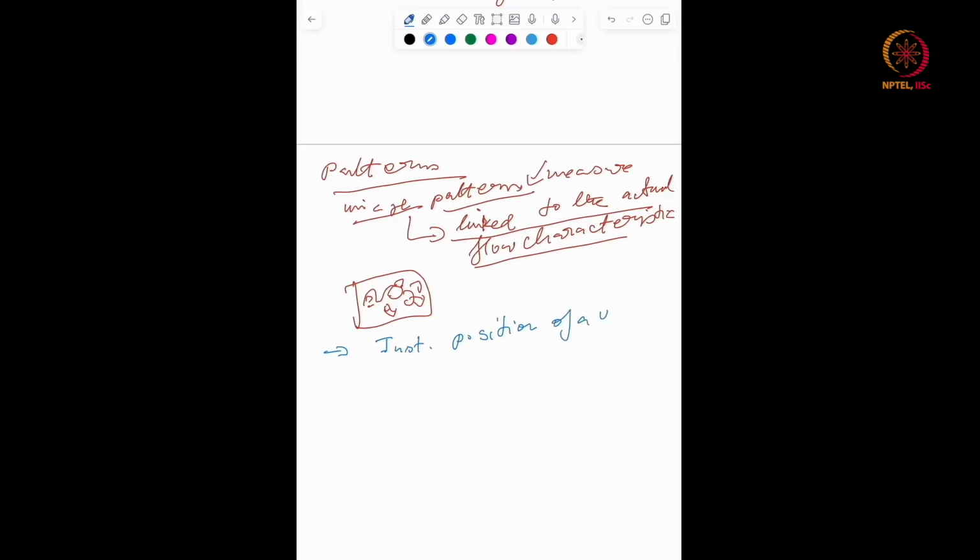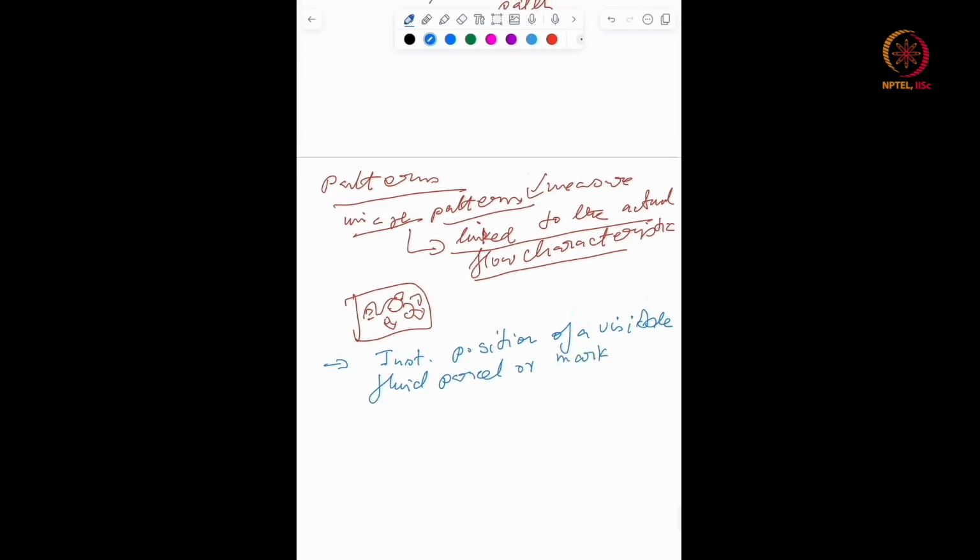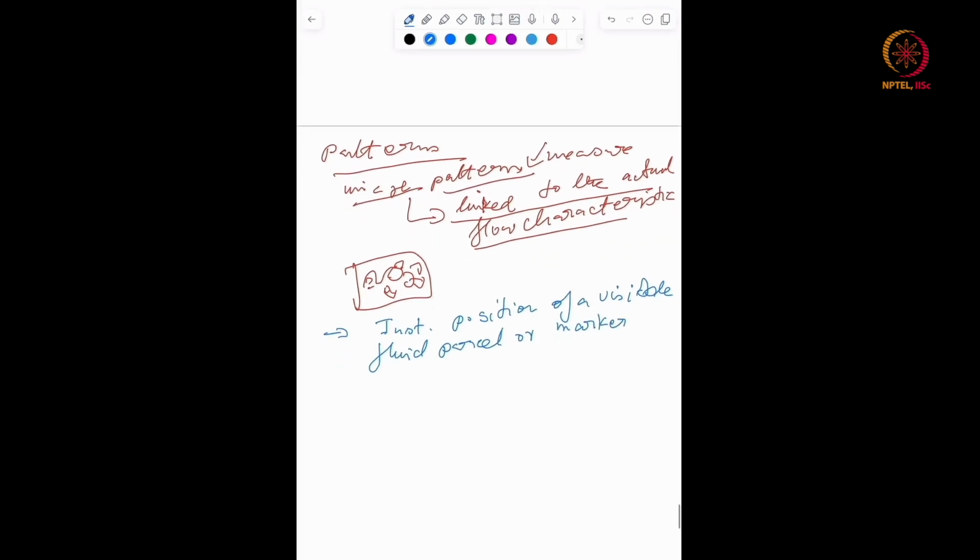of a visible fluid parcel or marker. This can be introduced by dye or tracers, provided by a still camera with a short exposure time.